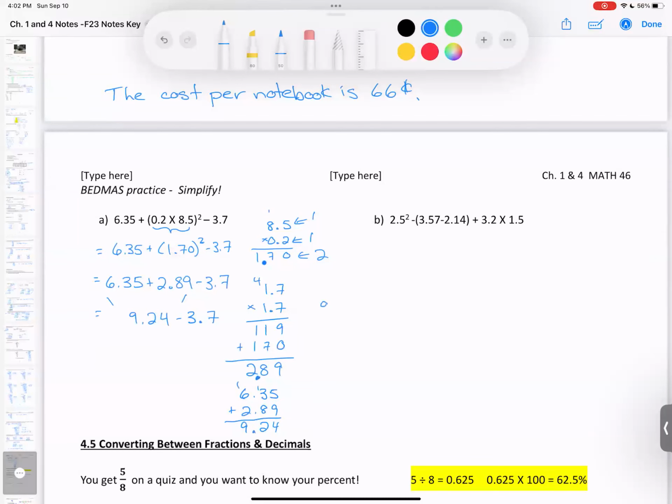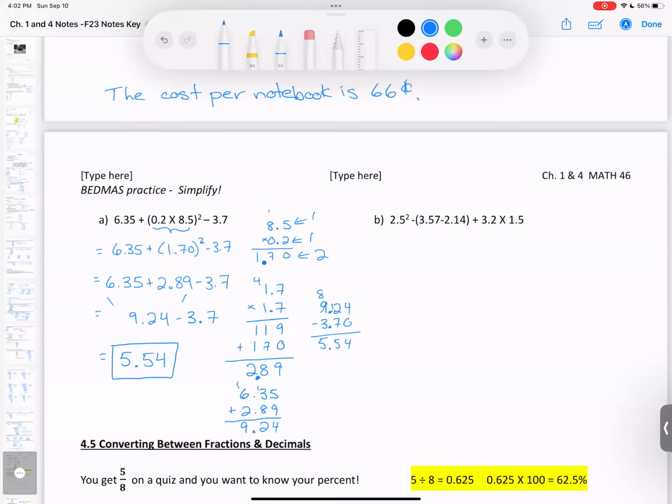Now I finally get to do my subtraction. So remember, subtraction, we're going to line up those decimal places just like we do with addition. And what do we get here? Oops. 4. Let's borrow to get 5 there. And 5. So I end up with 5 and 54 hundredths.